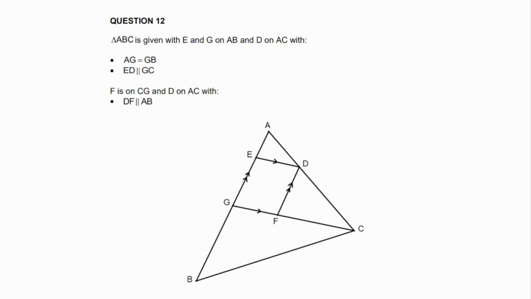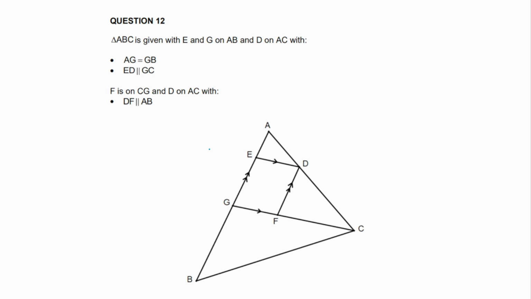That sounded like Greek to me while I was saying it, but let's break down what's going on. There is really important information here, but the wording about F being on CG and D on AC is not as important. So don't try to split hairs on this wording. Let's just have a look.